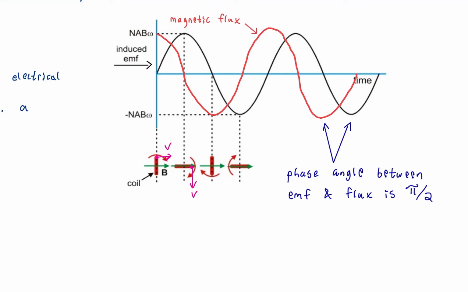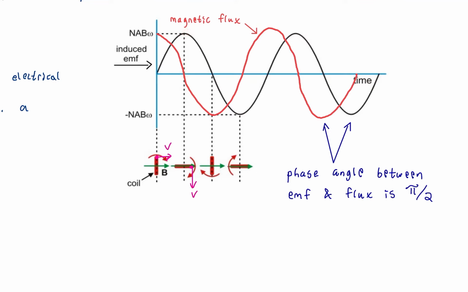All right, and so we see then that the flux is maximum here, as denoted by the fact that this function is at a maximum, but the induced EMF is zero. The induced EMF is zero because the velocity is parallel to the magnetic field, so it experiences no force. A half turn later, the velocity is exactly perpendicular to the magnetic field, which now means there's no flux, but maximum induced EMF.